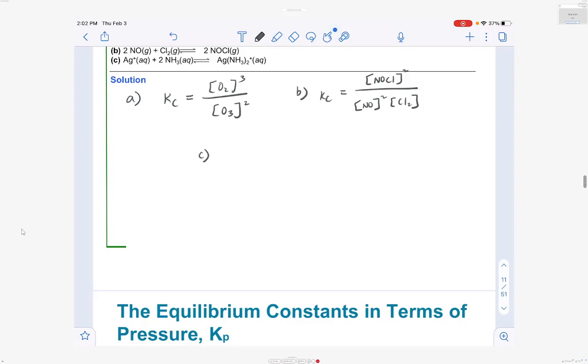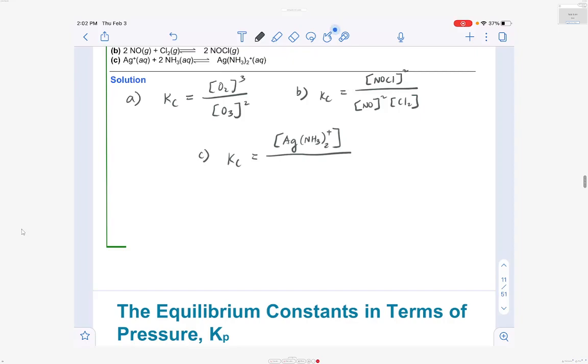For C, Kc is going to be the product raised to the power equal to the coefficient. The coefficient is 1, so I'm not going to put anything.